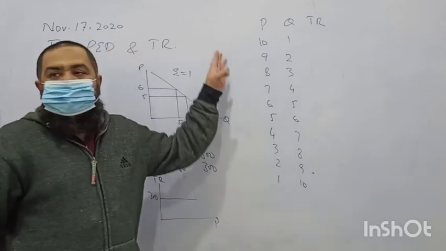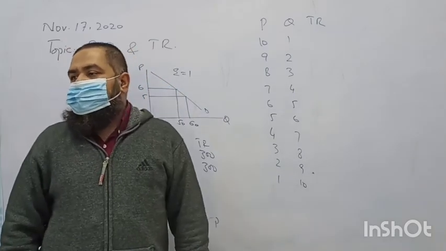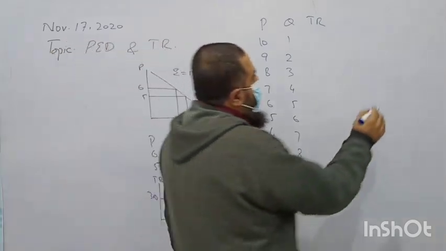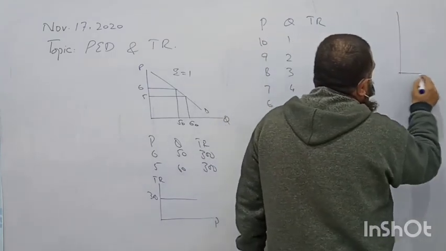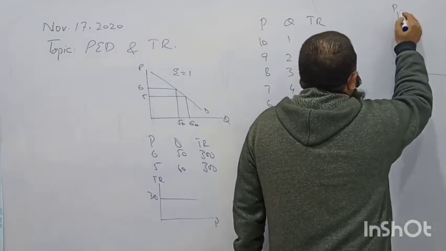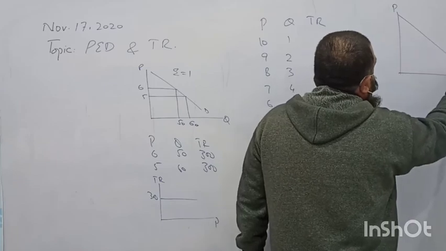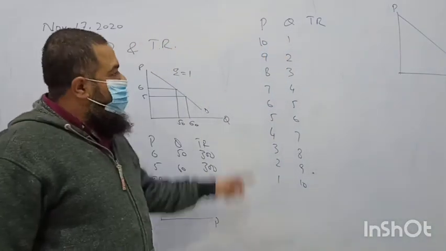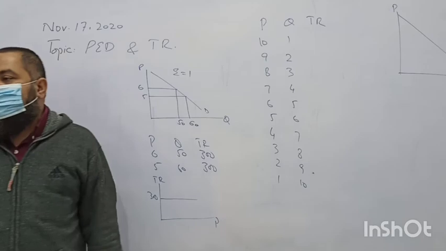As price is falling, quantity demanded is increasing. In a simple way, if you draw the diagram of demand over here, this demand curve is downward sloping. Price is falling, quantity demanded is increasing.